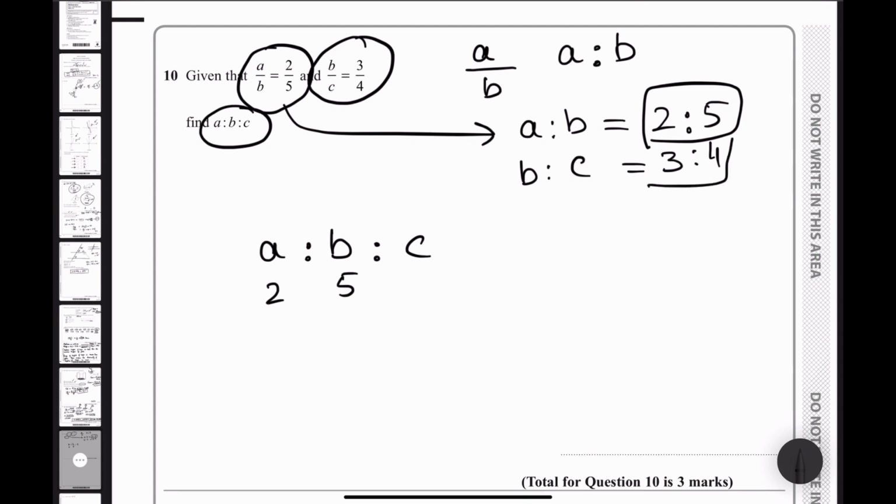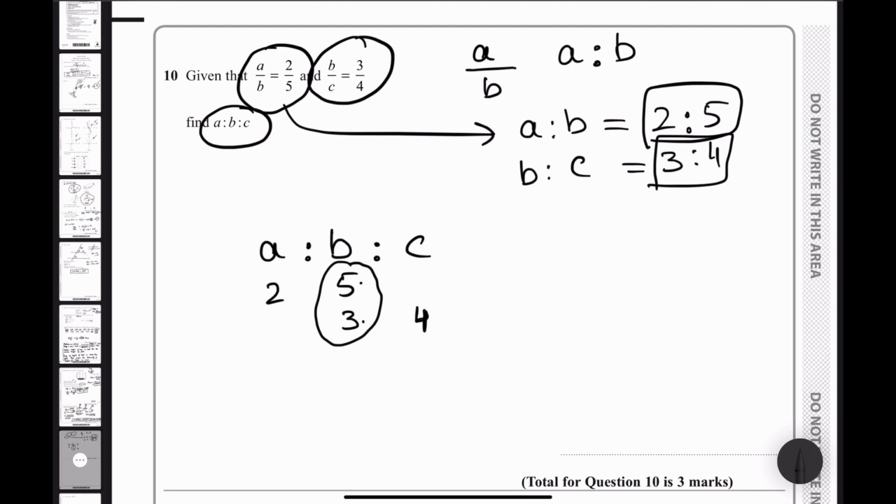And over here we have b ratio c as 3 ratio 4, so I'll add 3 under b and 4 under c. Now my aim is to make these two numbers the same, so that I'll get my final ratio. In order to make them the same, I'll multiply the 5 with 3 and this 3 with 5, so both of them will become 15.